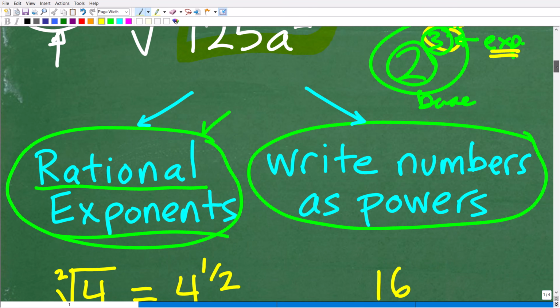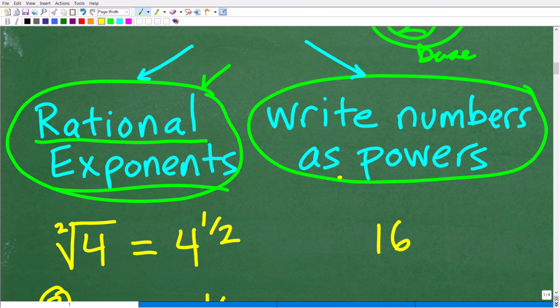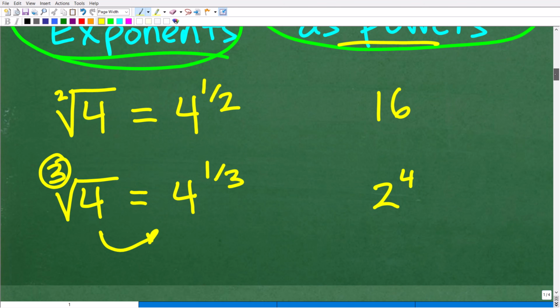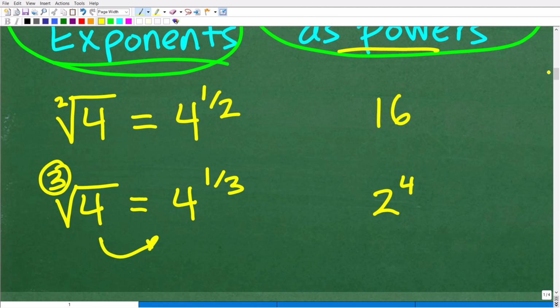All right, so now this next part is you want to write numbers as powers. That's a really good technique to help you solve a lot of different problems involving powers and exponents, etc. So for example, if you see 16, you might think to yourself, 16 is 4 squared, so that's good. Or you might think of 16 as 2 to the 4th.